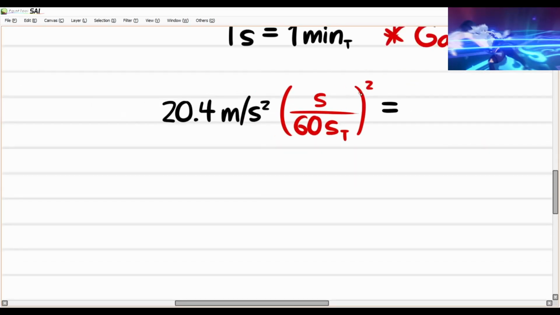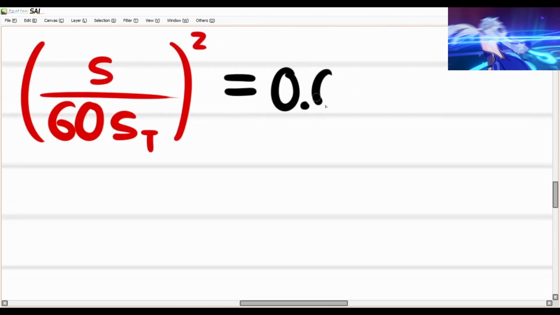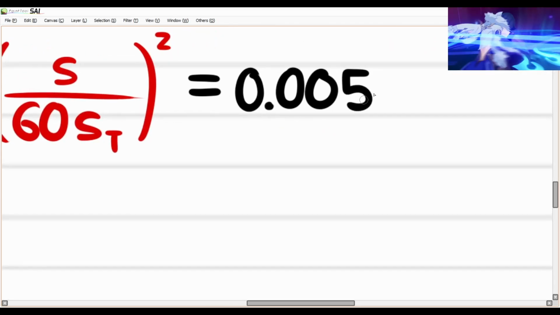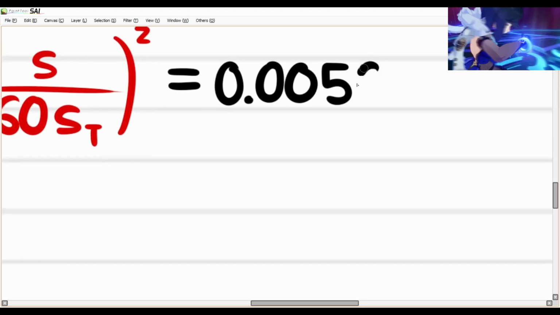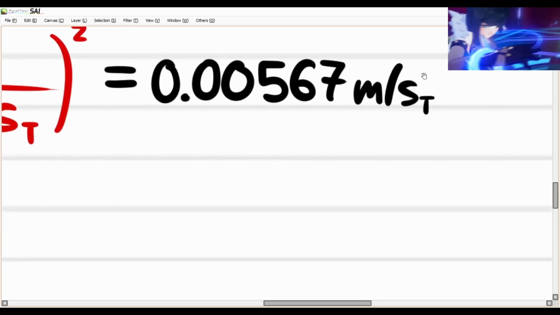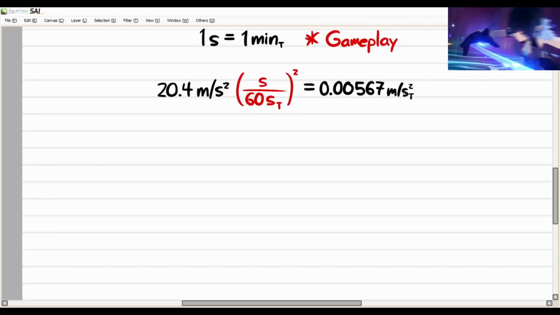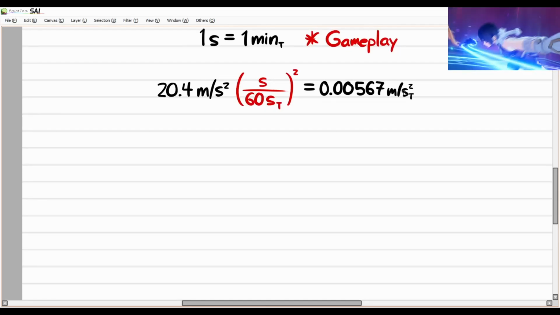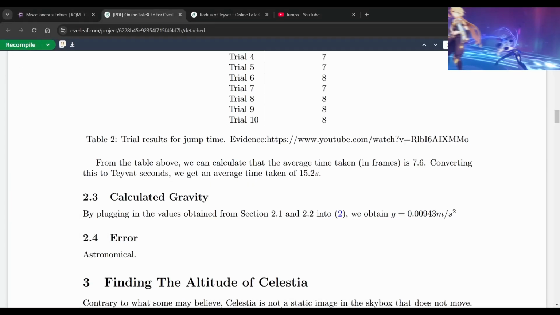And this should be equal to 0.00567 meters per Teyvat second squared. Why is your gravitational acceleration really high? What? The gravitational acceleration in this is really high.